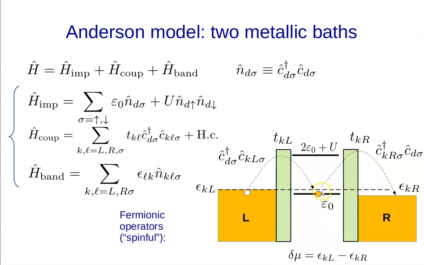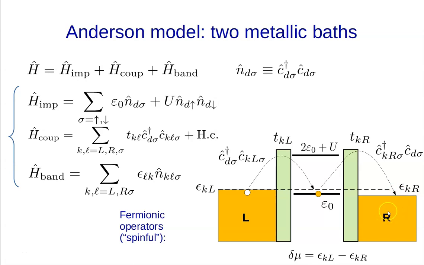Now, what's going on? What's the net effect of the second order effect? So notice that this is an effect that is second order in the tunneling, so it's t squared. The net effect is that I transfer one charge from left to right. So I have a change in charge here, which is negative, and a change in charge here, which is positive.